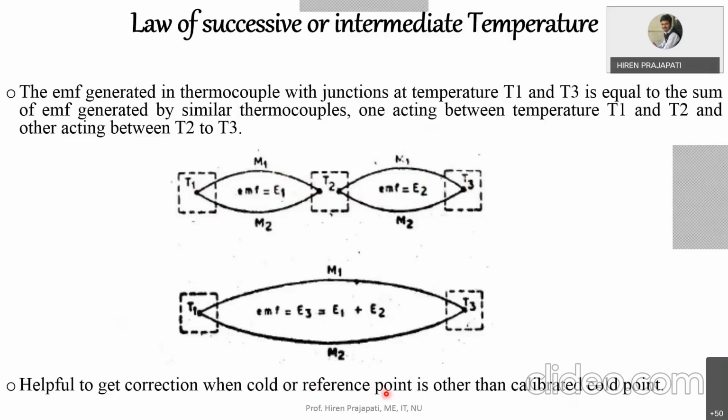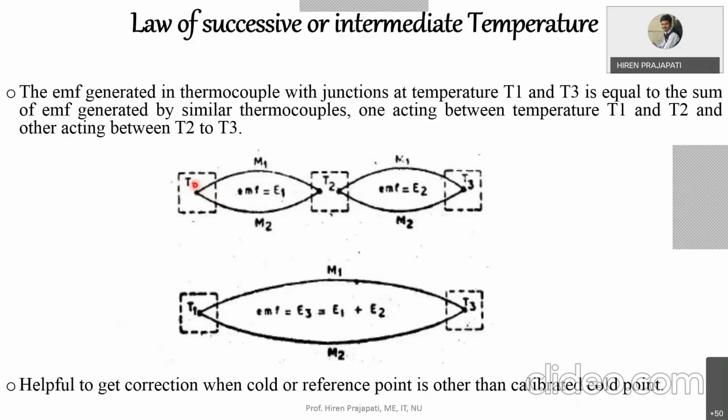Suppose you have calibrated a thermocouple with cold junction temperature T1 at the time of calibration. As I told you, we are measuring temperature in terms of EMF, so we require some calibration, or some relation between EMF and the temperature difference.